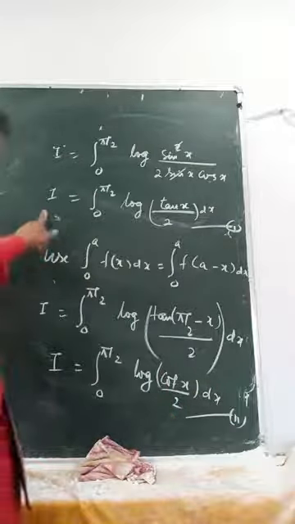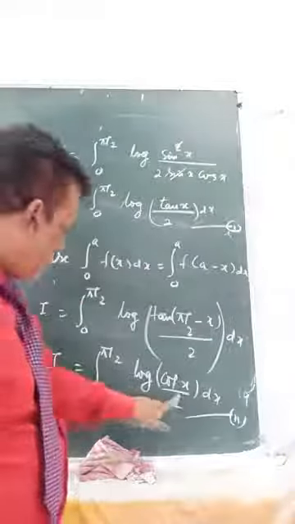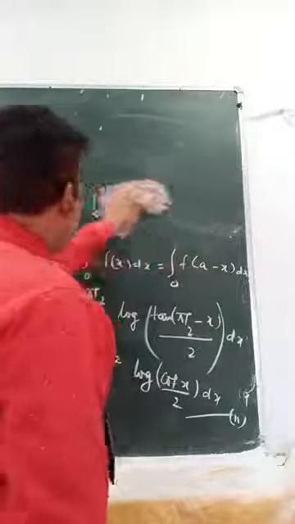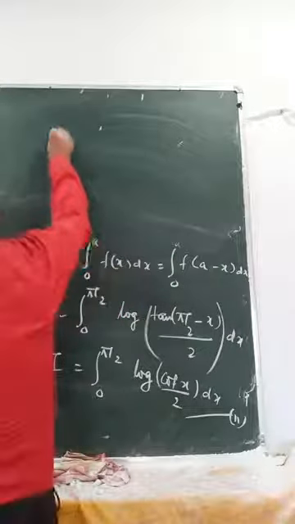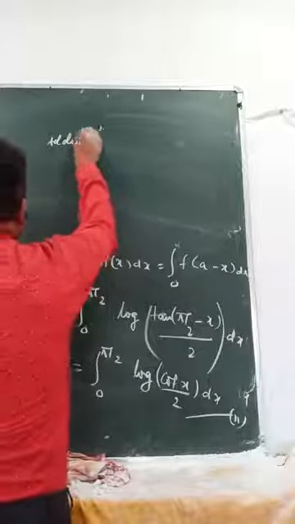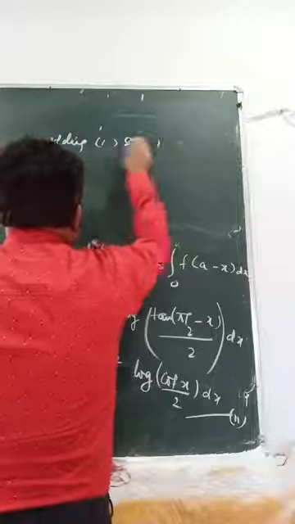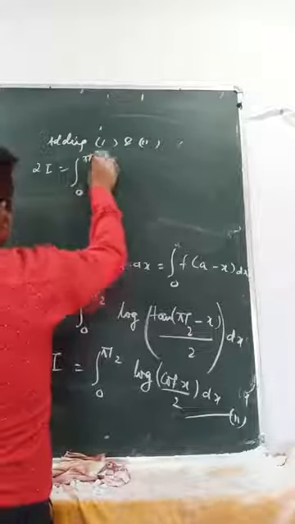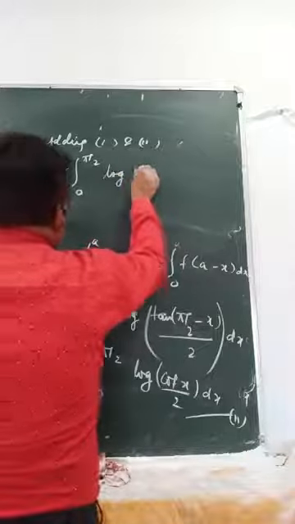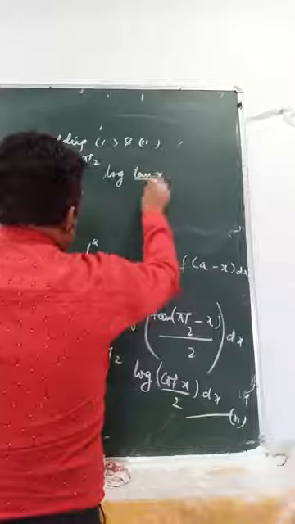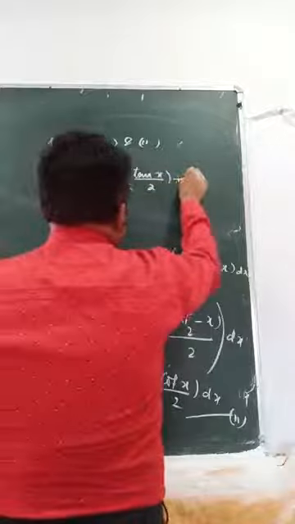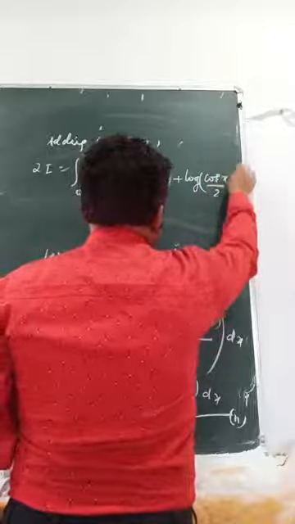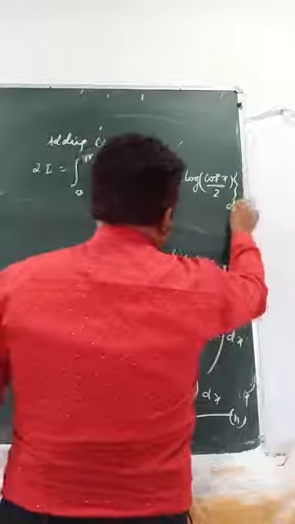So adding 1 and 2, that will be log a plus log b form. You are getting 2I equals integral 0 to pi by 2 of log tan x by 2 plus log cot x by 2 dx.